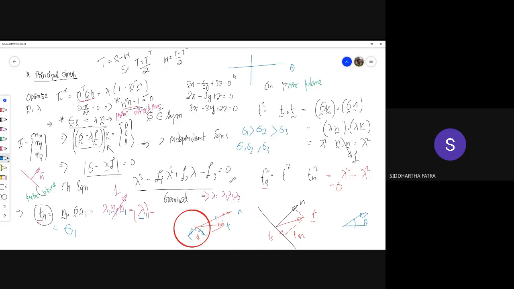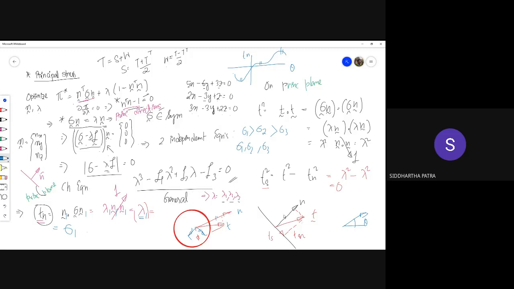This is how the normal component of the traction changes, and let's say it is minimum somewhere, then it's a saddle, and then it becomes a maximum. This saddle portion is actually your sigma 2, and this one is your sigma 3, and this one is your sigma 1. So that's the idea.